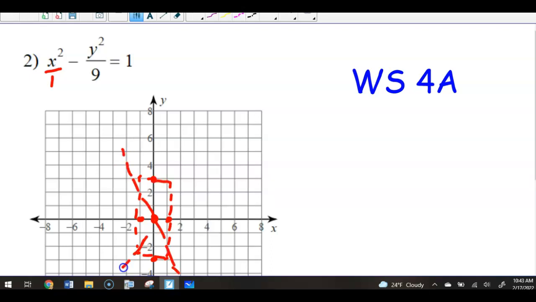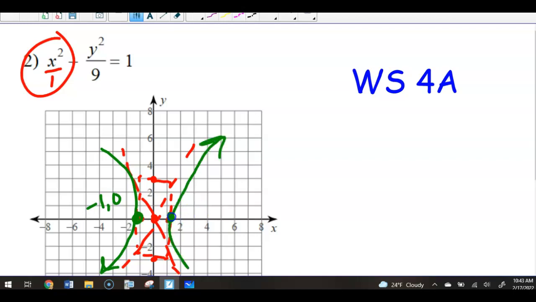Then the x squared was first, and so that means it opens sideways around the x-axis, and it has a vertex here at -1, 0, and a vertex over here at 1, 0. And the diagonals were up 3 and over 1. So that would be y equals plus or minus 3 over 1 x, or b over a, and you can reduce that to 3.